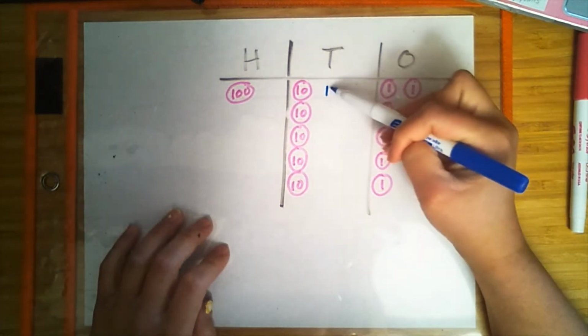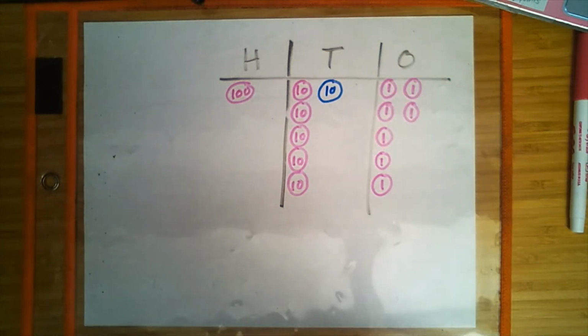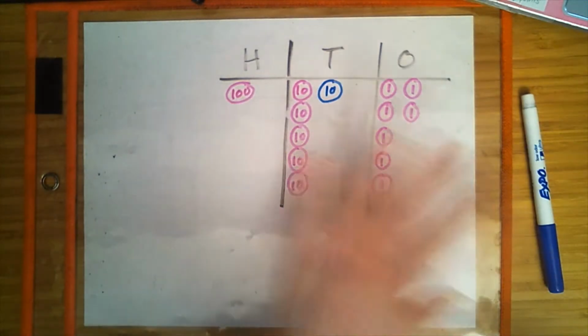We're going to do that in blue. Great. Using a sentence frame, let's describe adding 10 to 157.